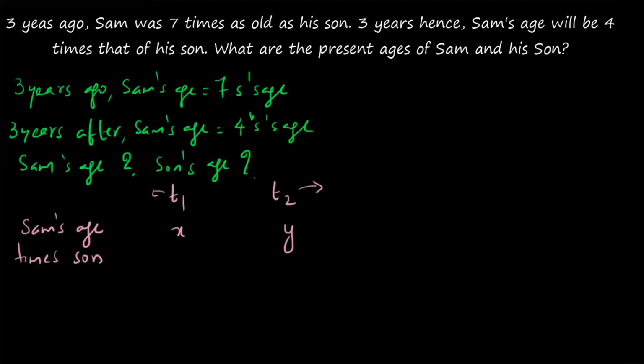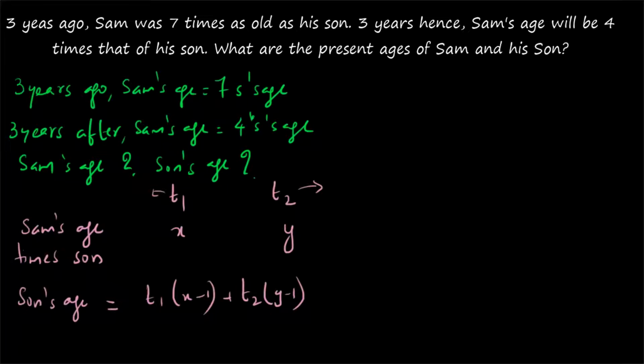If that is the case, son's age at present will be equal to T1 into (X minus 1) plus T2 into (Y minus 1). If only one value was there, we used to do T1 into (X minus 1), or if only the other was there, T2 into (Y minus 1).